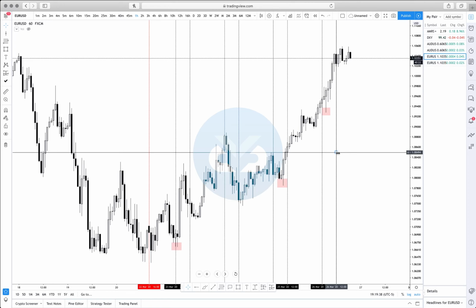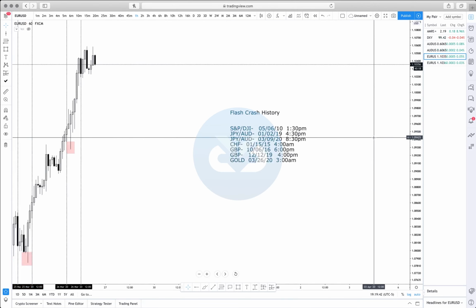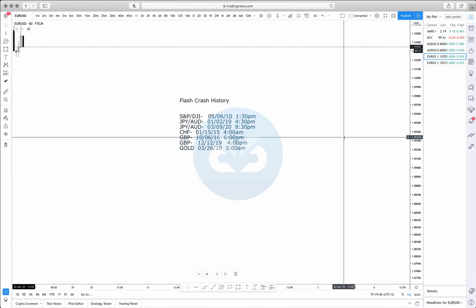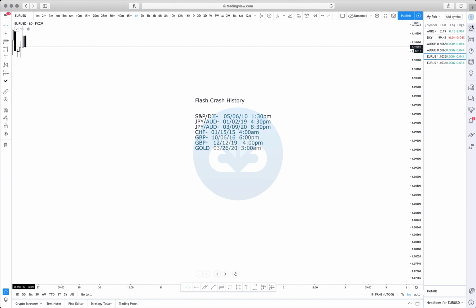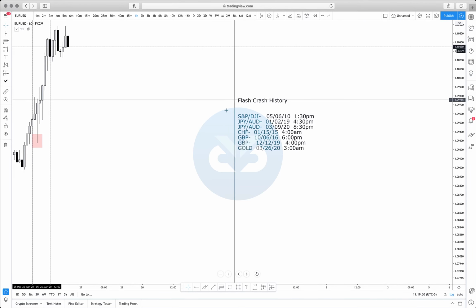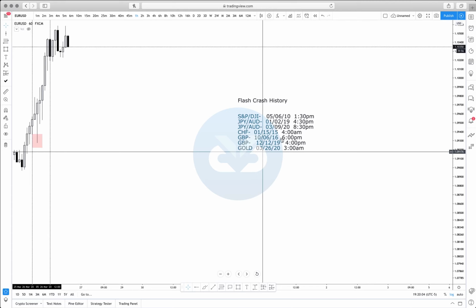And also, here's a little detail that I added. I actually went ahead and looked into every single flash crash that's happened in the past decade, right? This is basically every quote-unquote flash crash behavior-ish move, which is basically some long wick in whatever direction that then just came back.